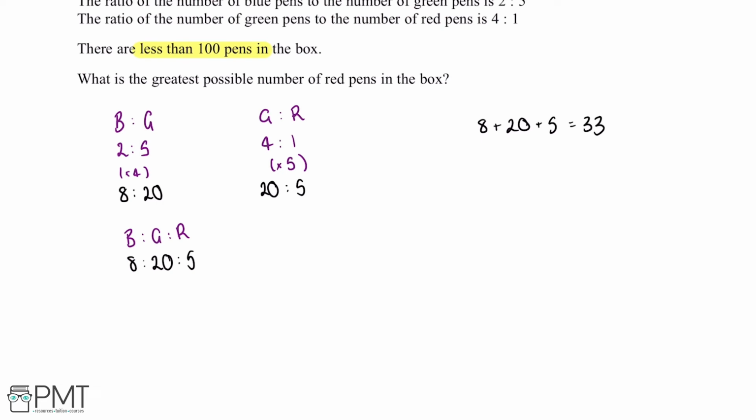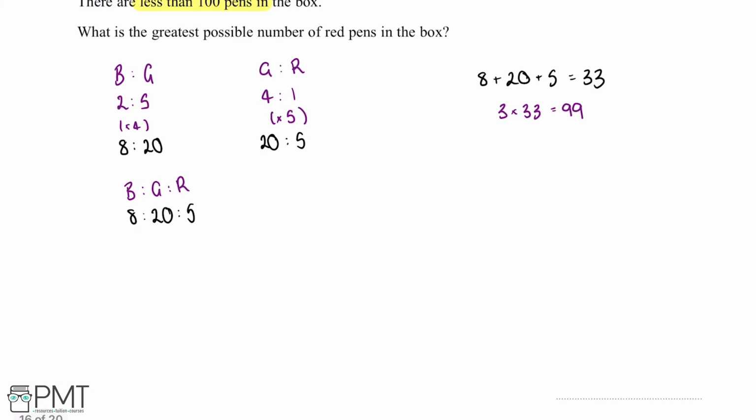So we want to work out how many lots of 33 we can fit into 100. So 3 multiplied by 33 gives us 99. And if we added another 33 pens, this would then be over 100. So what this tells us is that 3 lots of this ratio will fit into the box.